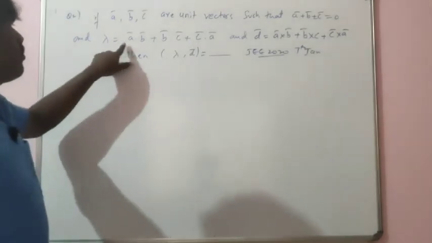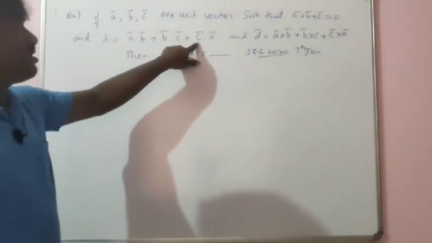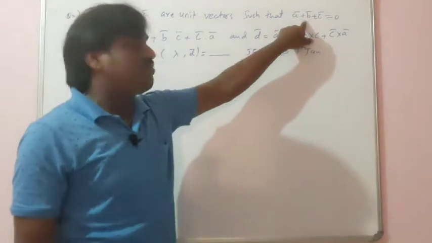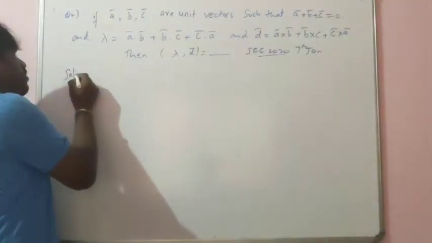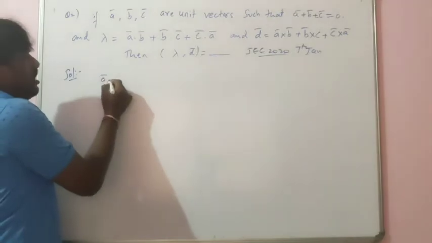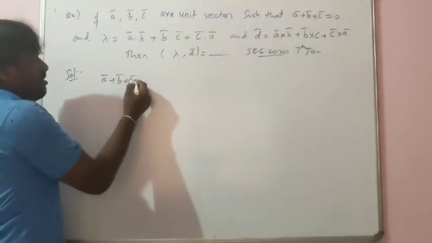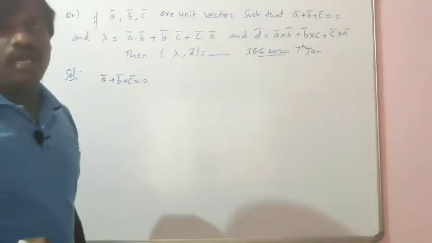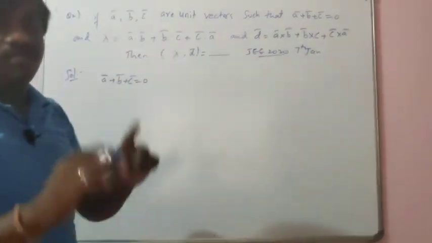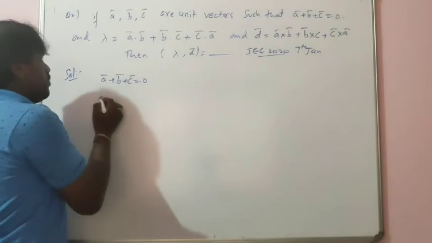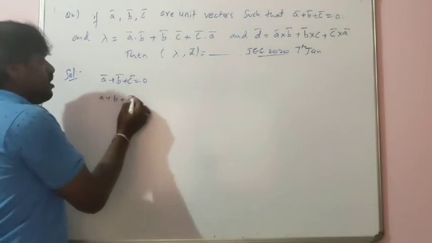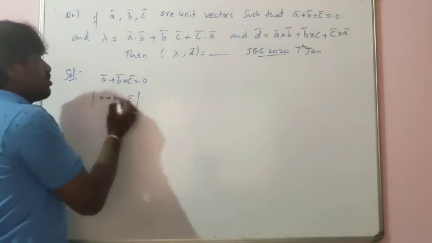Whenever you want to find A·B, B·C, C·A and you have a combination of these, this is an easy idea. I have explained many types of problems based on this. A + B + C = 0, and you have this combination, which means you have to take the modulus and square it.